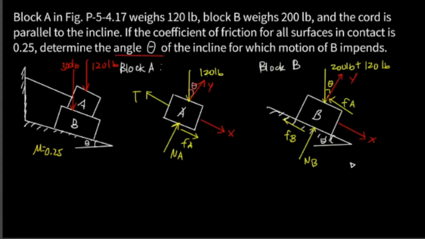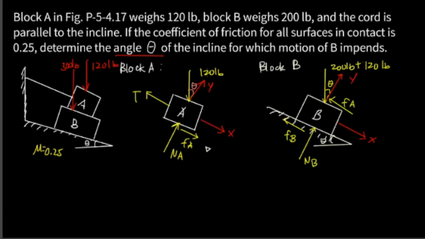So, yan yung FBD per block. Discuss natin isa-isa. Sa block A, merong tension kasi siya yung connected sa chord. So, tension papunta sa left. Then, yung weight natin is 120 pounds. Then, may normal force sa block A and may frictional force, which is opposite sa tension force.